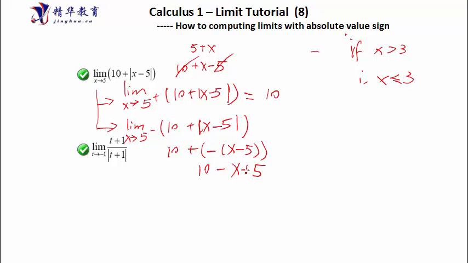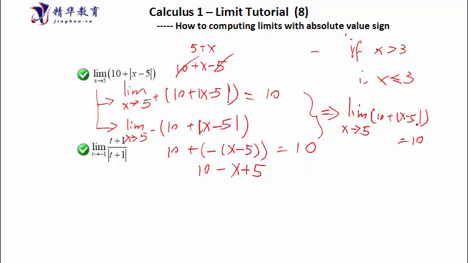When x approaches 5, 10 minus 5 plus 5 is still equal to 10. Based on these two one-sided limits, both sides agree, so the limit as x approaches 5 of 10 plus the absolute value of x minus 5 is equal to 10.